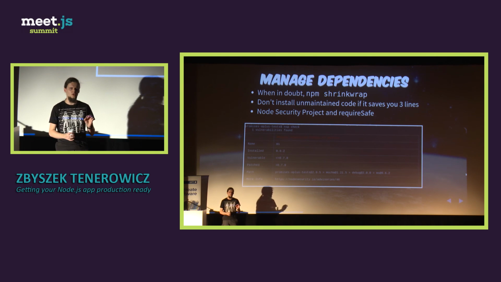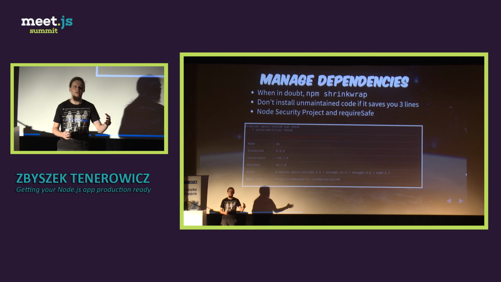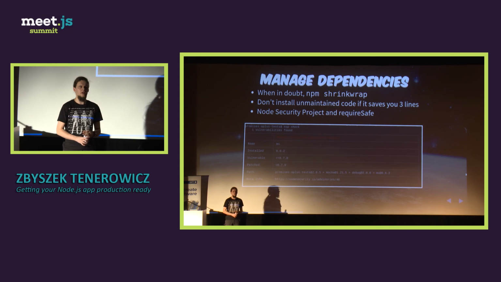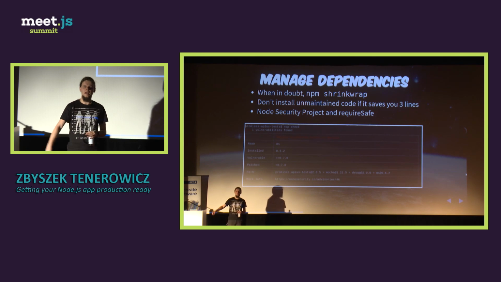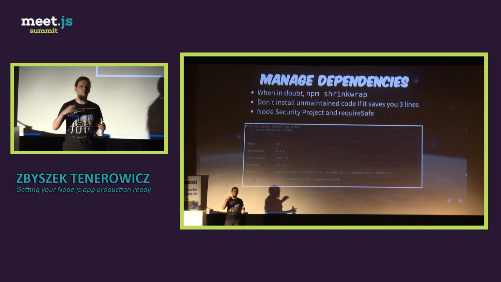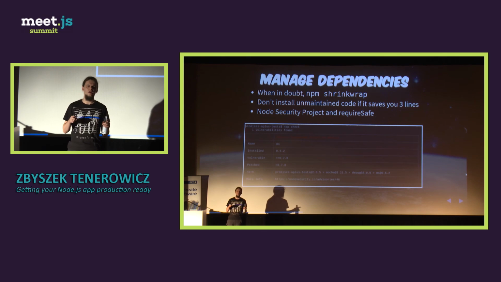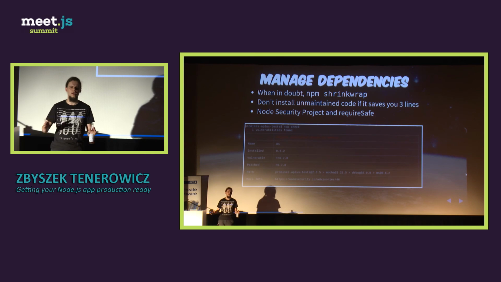Exactly. So when you're not sure about it, use npm shrinkwrap. And if you're worried that the code is going to disappear entirely, well, then the only thing you can do is npm install once, generate npm shrinkwrap, and then back up the whole thing into a separate repository. Do not commit your node_modules ever for any reason.